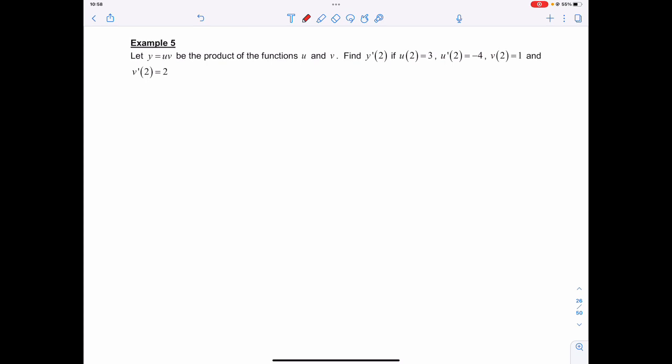All right. One last example. It says, let y equal u times v be the product of the functions u and v. Find y prime at 2 if u at 2 is equal to 3, u prime at 2 is equal to negative 4, v at 2 is equal to 1, and v prime at 2 is equal to 2.